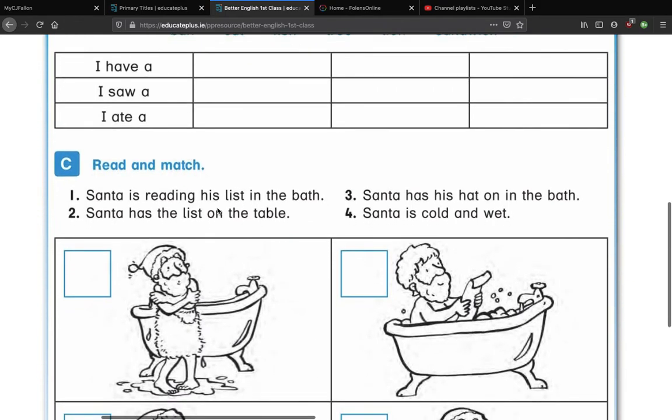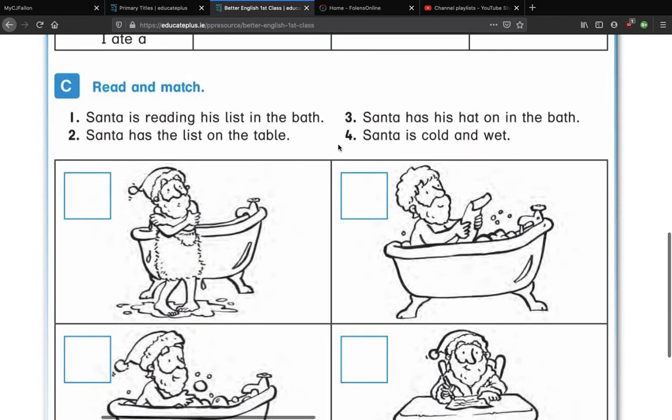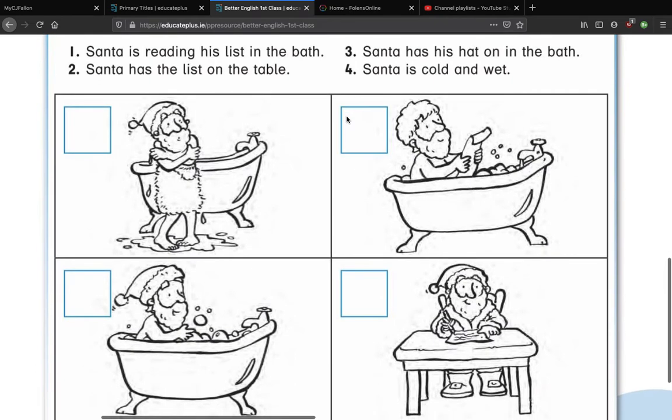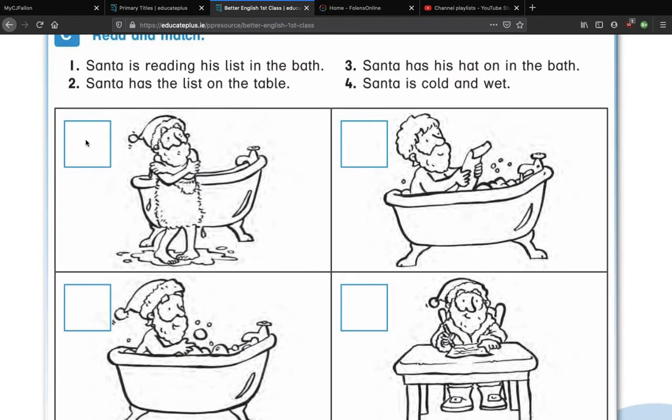So let's take a look at part C, read and match. So read the sentences and match them up to the correct pictures and just write the number. Okay, so sentence number 1, Santa is reading his list in the bath. Okay, so which one is that? Number 1. You write the number 1 in there. So you take a look and you see Santa is reading his list in the bath here. So you just write down number 1. You don't have to write the sentence because that is sentence number 1.